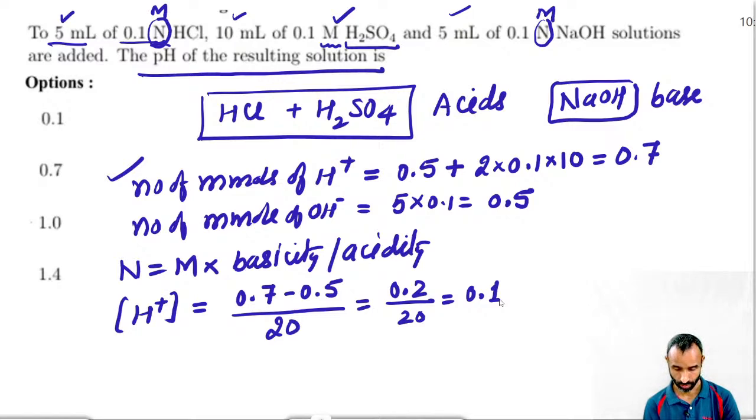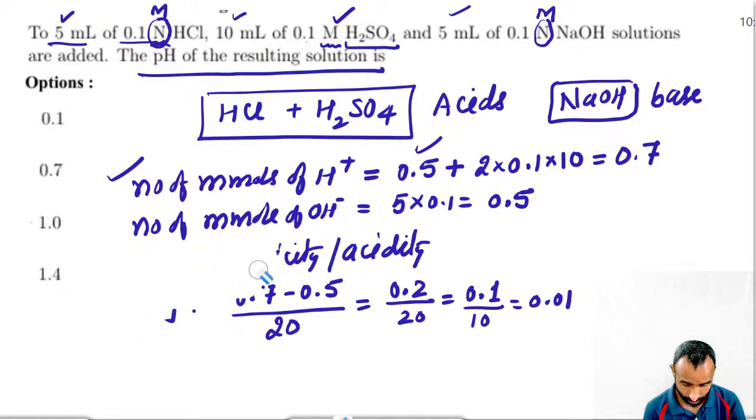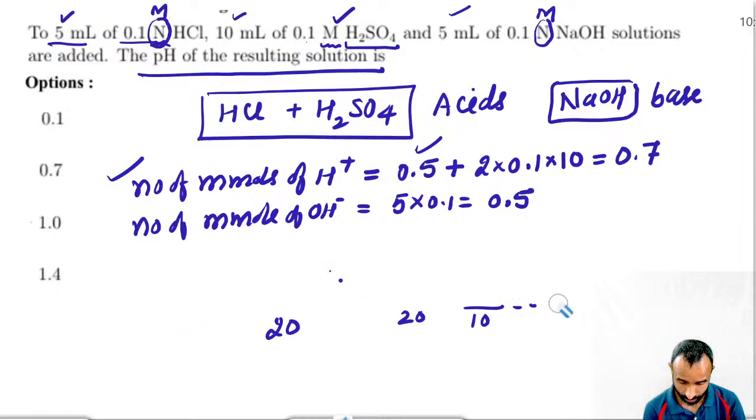0.2 divided by 20, 0.1 divided by 10 means 0.01. 0.1 into 5 is 0.5, 0.1 into 10, sorry, it is 2.5, right?